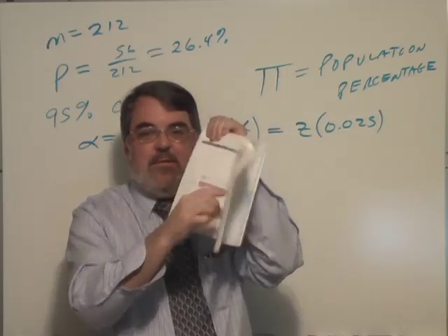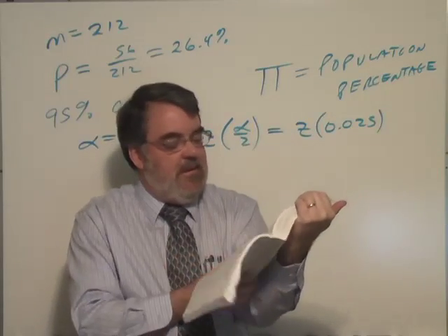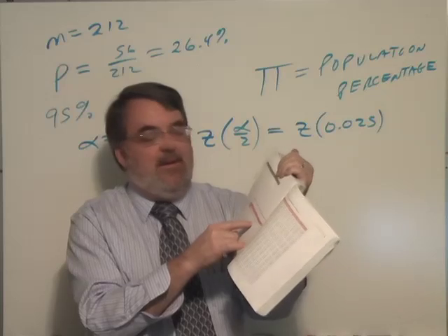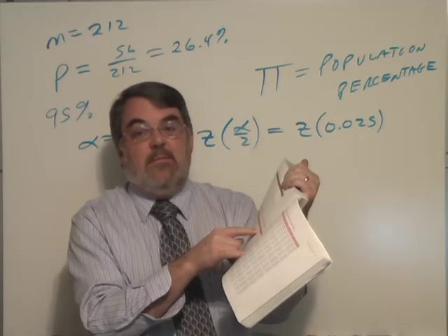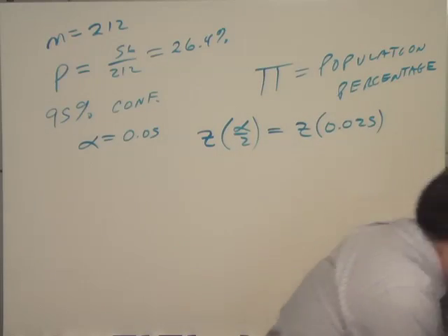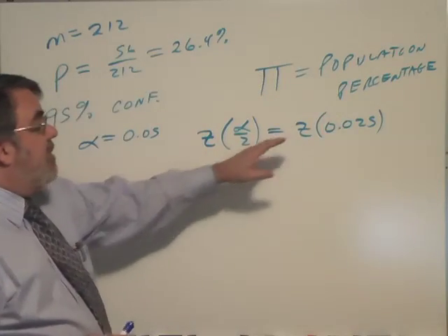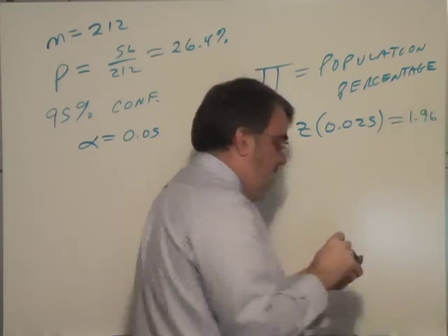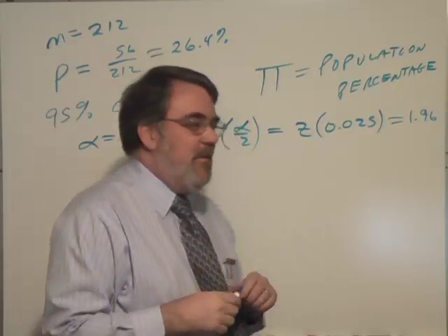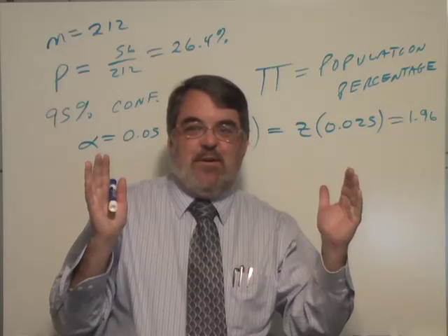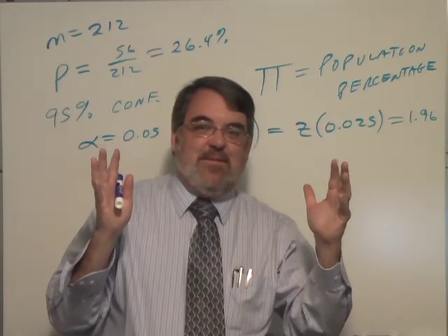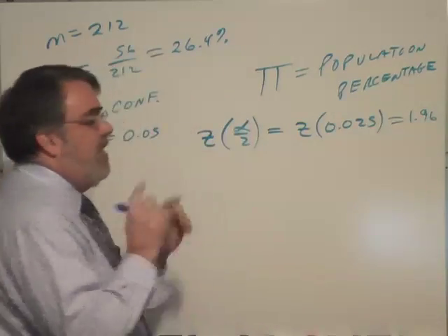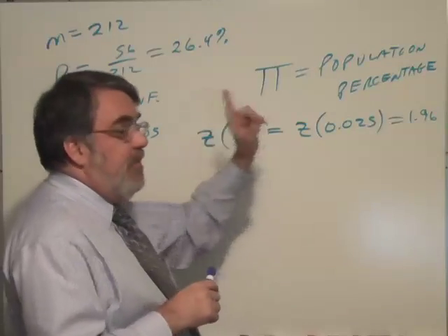So if you look at this little short chart on page 648 and look for a probability of 0.025, under it you'll see 1.96. So the z-score associated with this probability is 1.96. When you think about the empirical rule, middle 95% is 2 standard deviations. Well, that's kind of a rough estimate. The exact is more like 1.96 rather than 2. So 1.96 is the number we use for this problem.